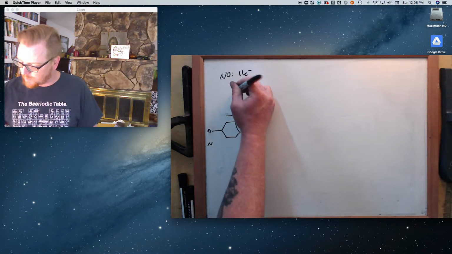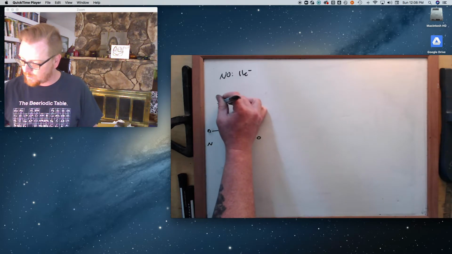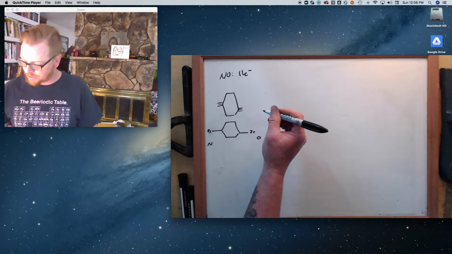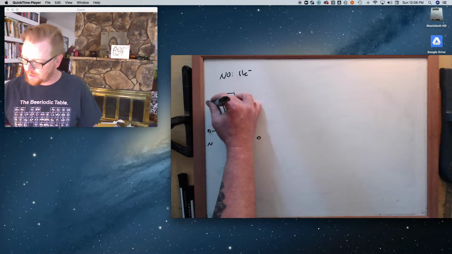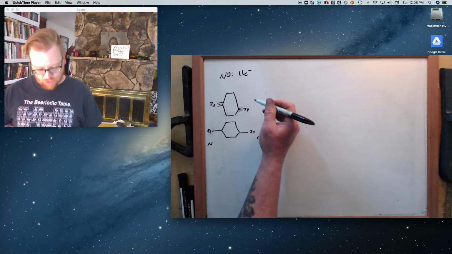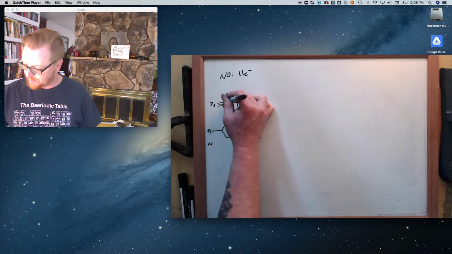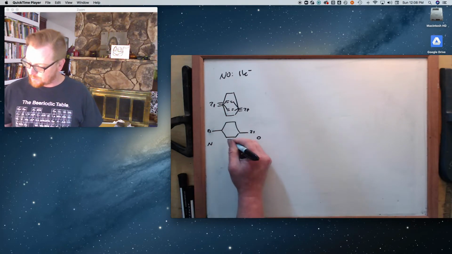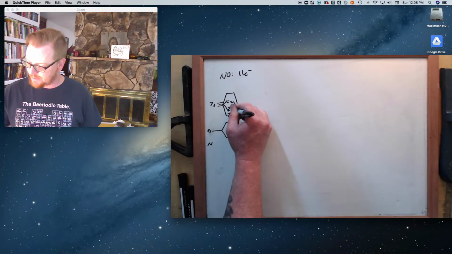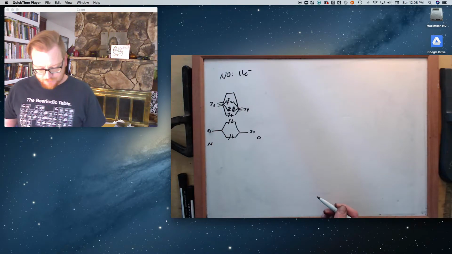Usually the more electronegative element is lower, 1, 2, 3, 1, 2, 3. But again, we're going to go through that in more detail in the next lecture. That's 2p, and that's 2p. So now with the 11 electrons here, we've got the pi states right there. So we go 1, 2, 3, 4, 5, 6, 7, 8, 9, 10, 11.